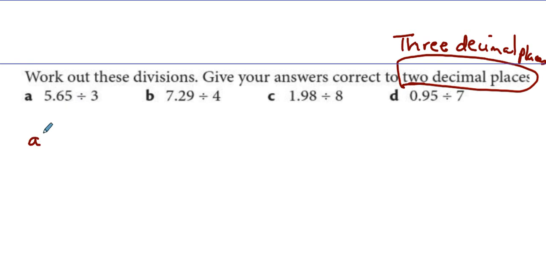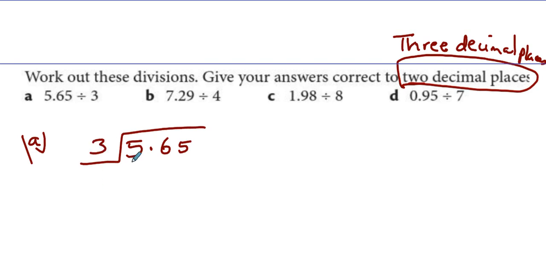So let me start with A. We have 5.65 divided by 3. So 5 divided by 3, that becomes 1. 1 times 3 is 3. So when you subtract, you get 2. Take this decimal point here, and then drop this number here. This becomes 26.